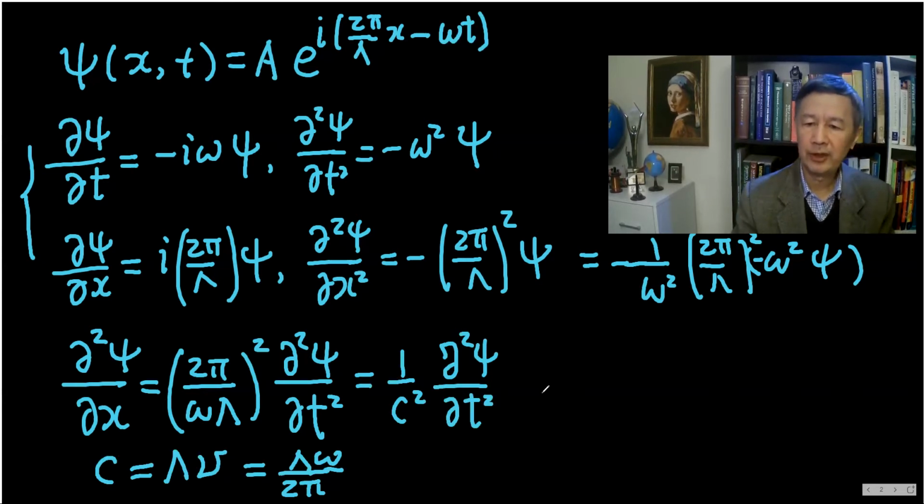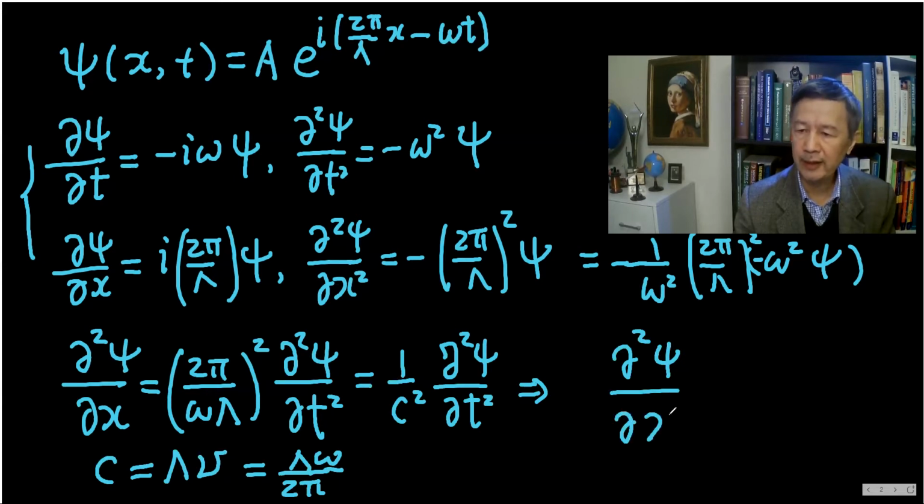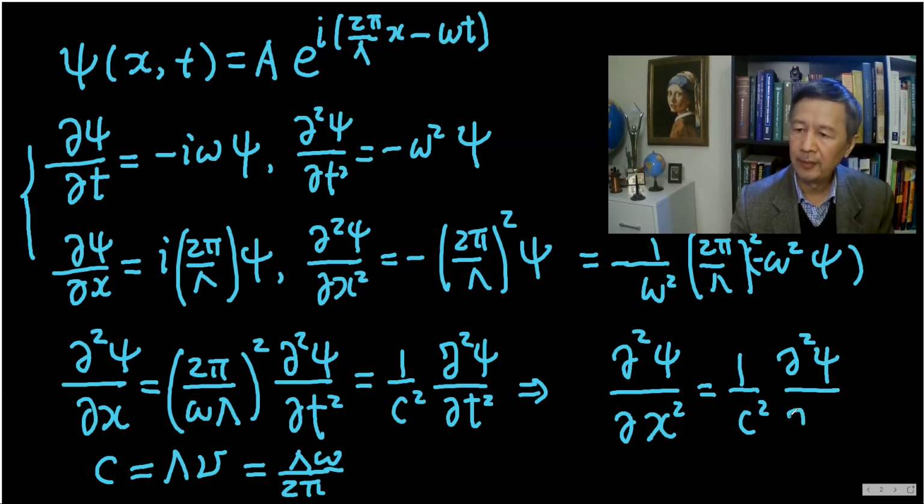So if you simply rearrange this partial equation, we have the second partial derivative with respect to x equal to 1 over c squared times the second partial derivative with respect to time.